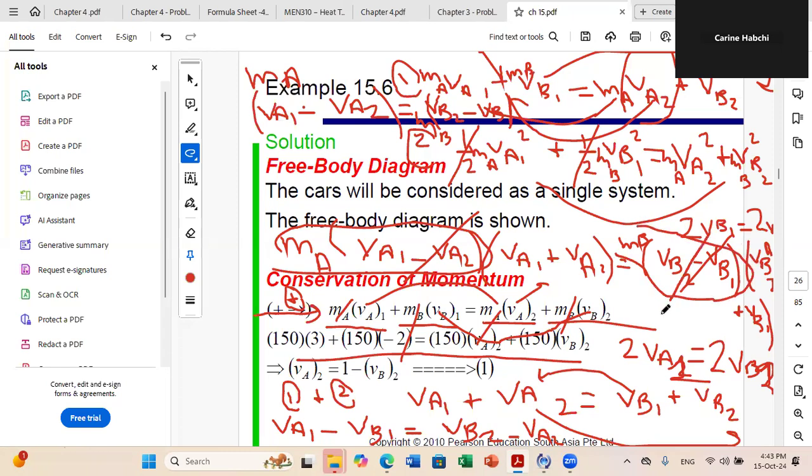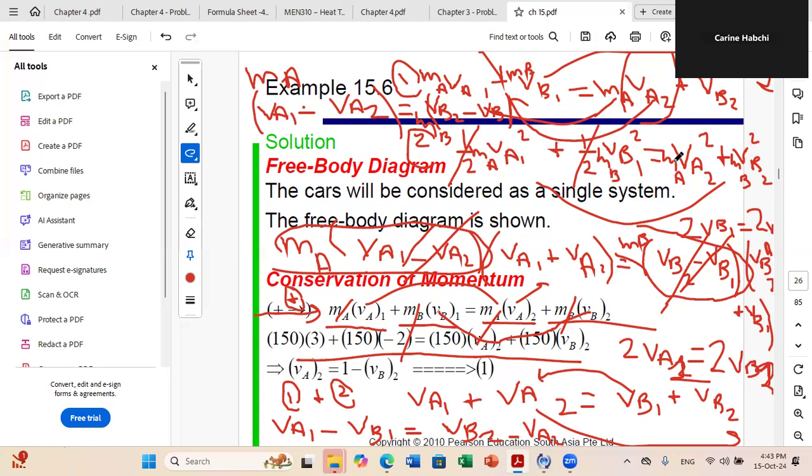So these two terms will cancel out. Even if you don't have the same mass, what will still apply is this equation: VA1 plus VA2 is equal to VB1 plus VB2.